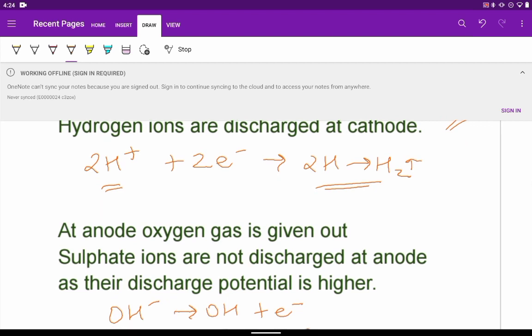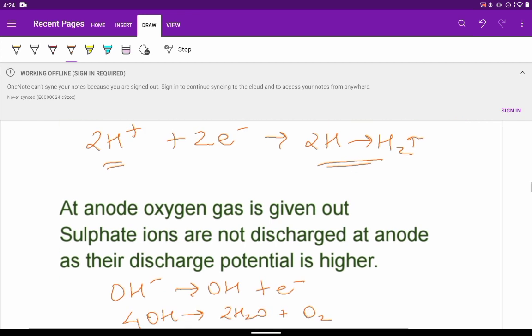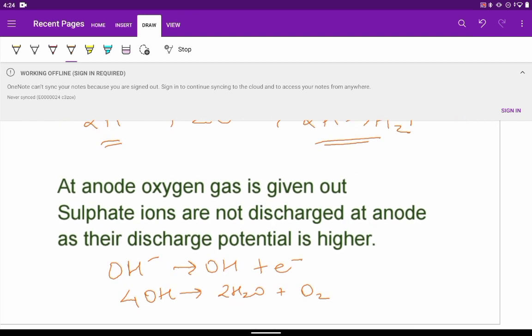At the anode, actually sulfate ions are not discharged. Here sulfate ion is also produced as an anion, but we know that the discharge potential is higher for sulfate ions than that of the OH- ions. So sulfate ions are not discharged on the anode. So what will be discharged at the anode? OH-. So OH- ions, when they go to the anode, get rid of the electrons and we get water and oxygen.